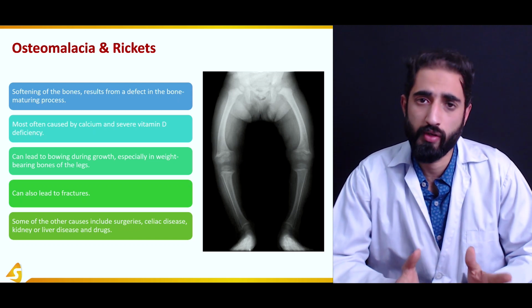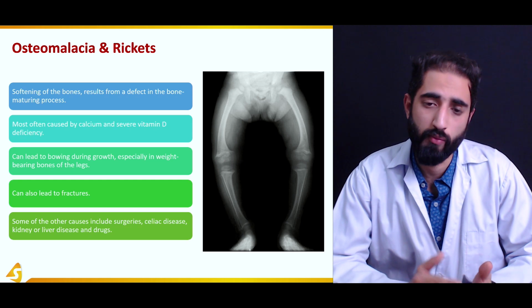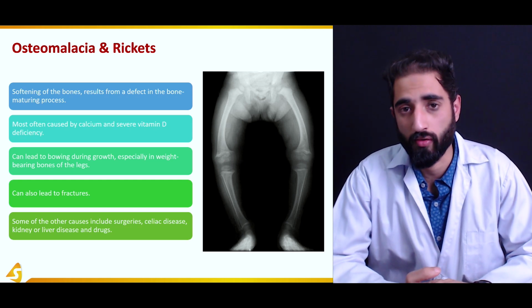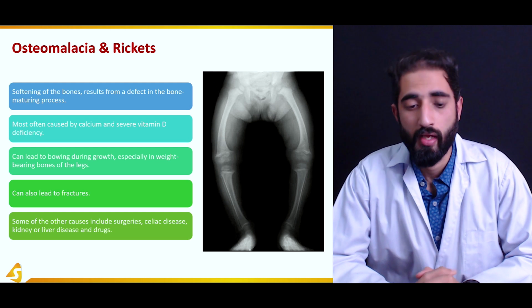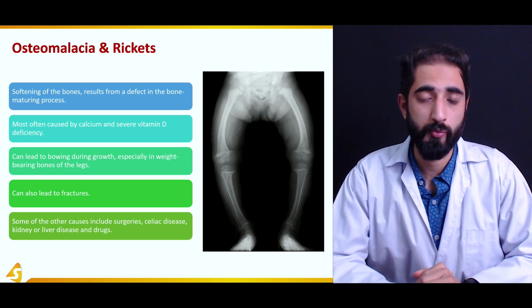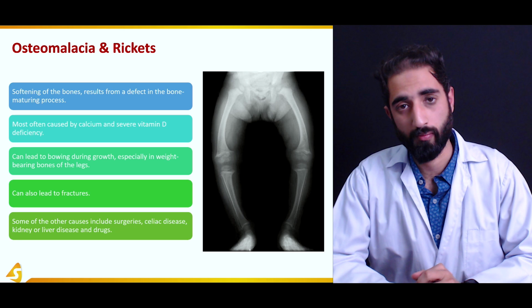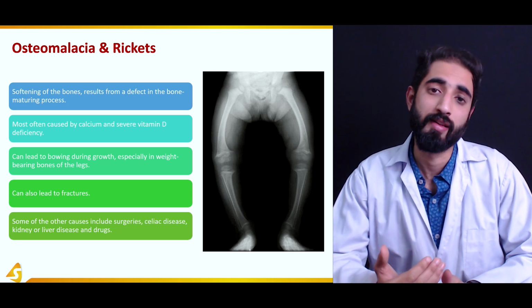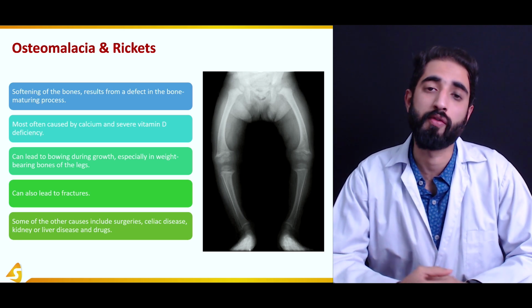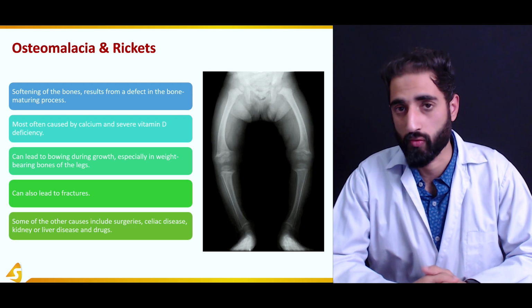We know that calcium is one of the most important inorganic components of the bone. And when there is absence or deficiency of vitamin D, then there is decreased absorption of calcium from the alimentary canal.